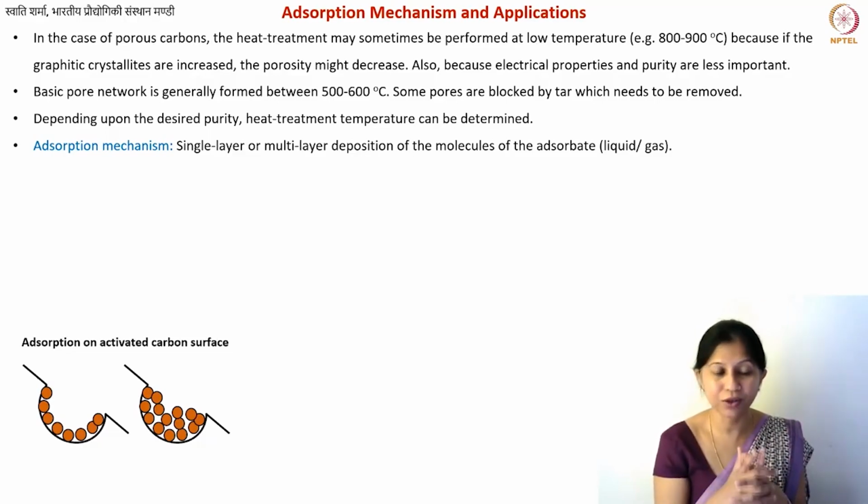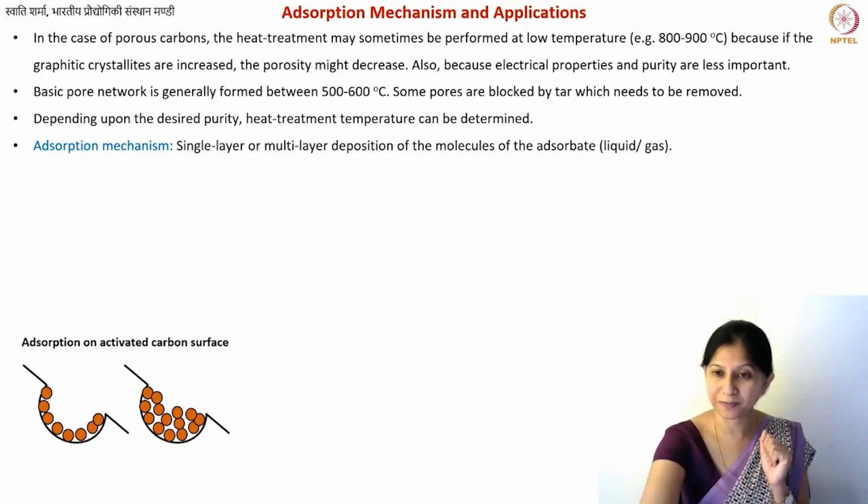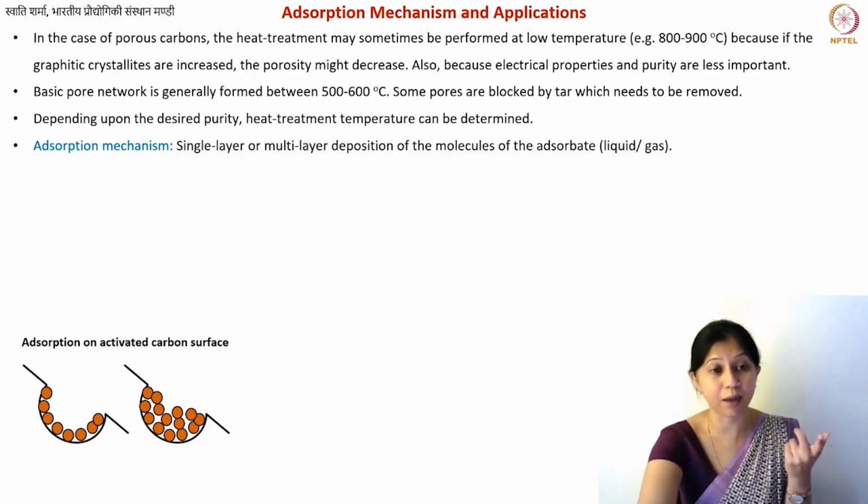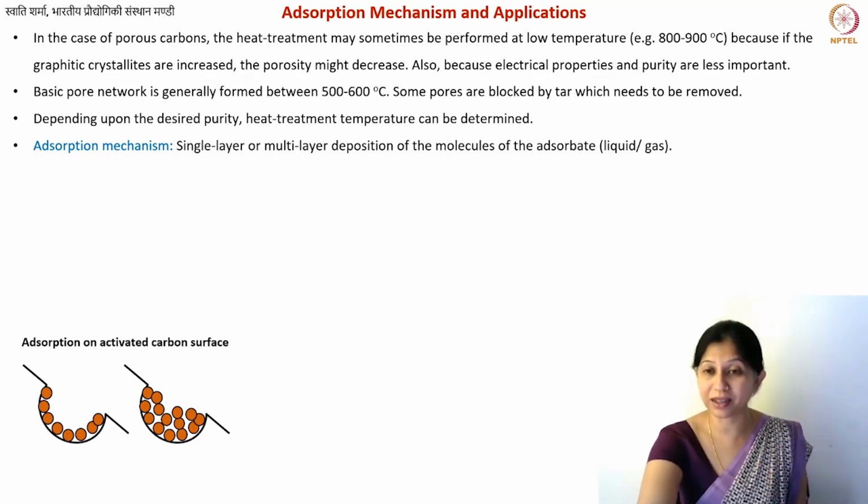So you can have these two types of adsorption mechanisms on top of the surface. And that will depend upon the molecule that is being adsorbed, and what the properties of that molecule are.